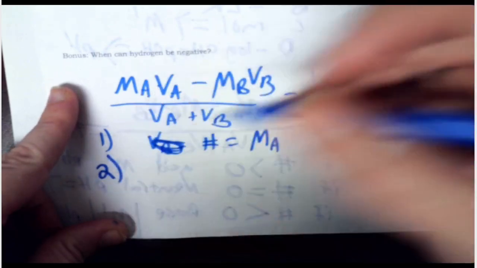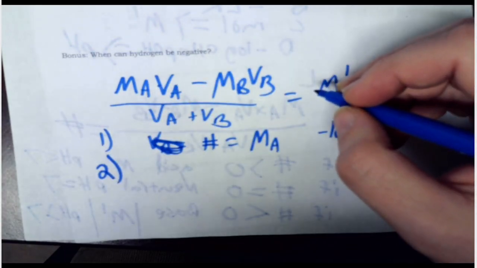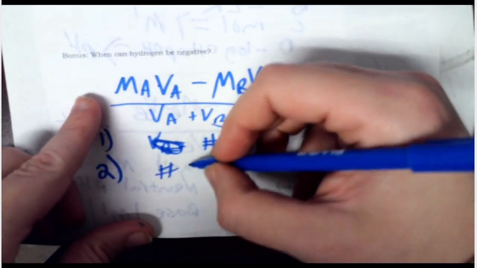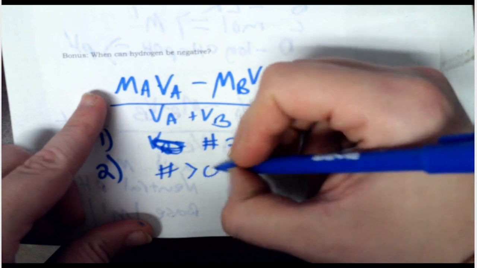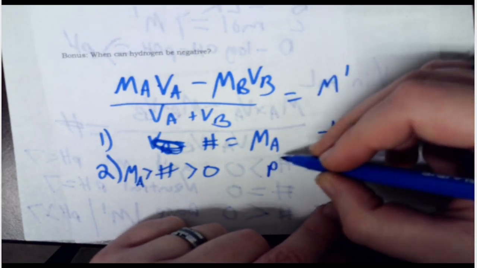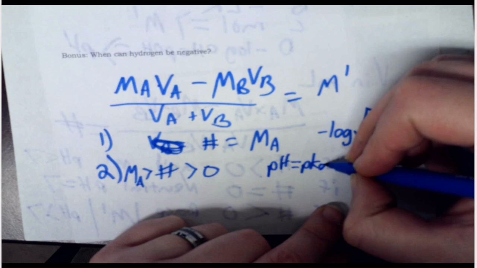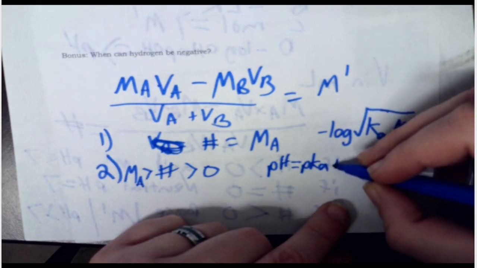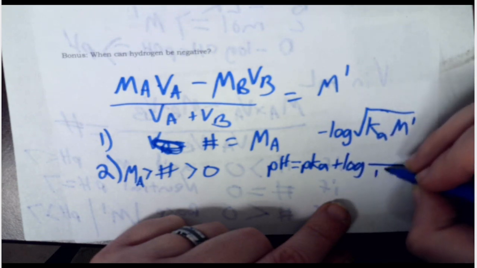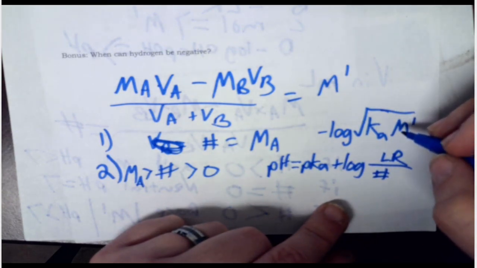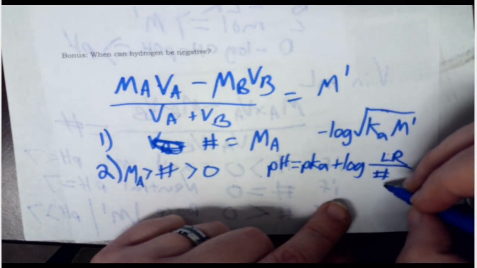When it's situation 2, when this number is greater than 0 but less than Ma, then we have pH equals the pKa plus log of our number over our limiting reactant. That's our A minus, that's our HA.